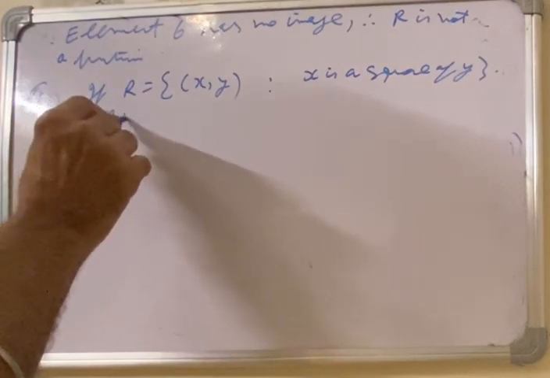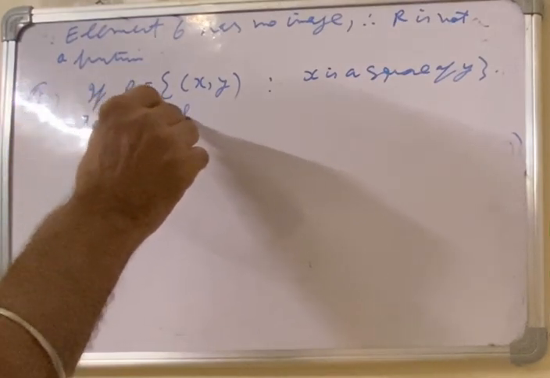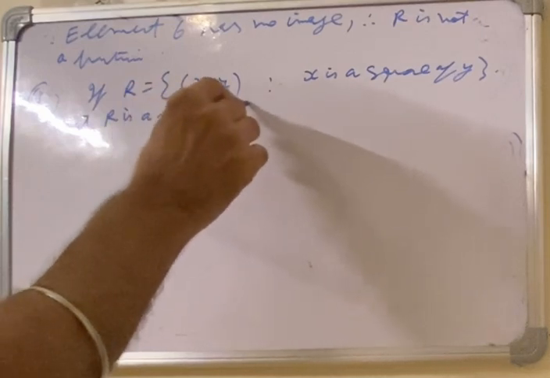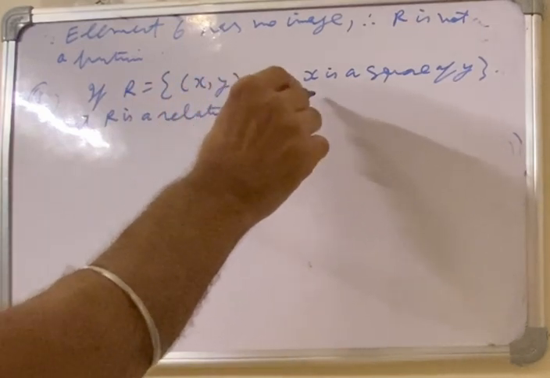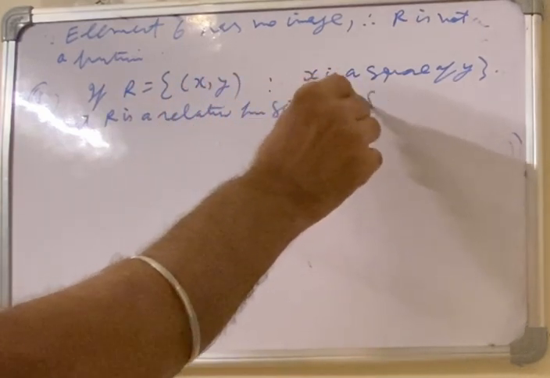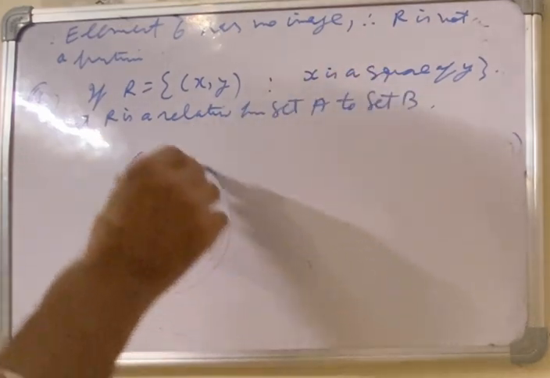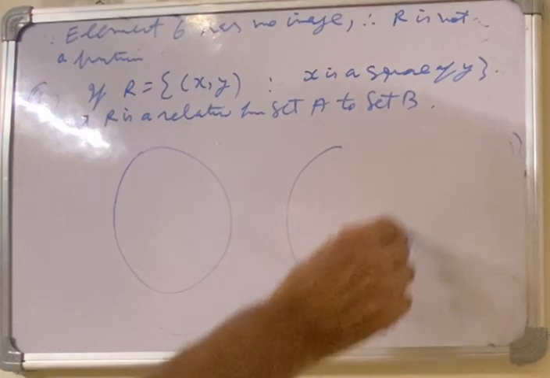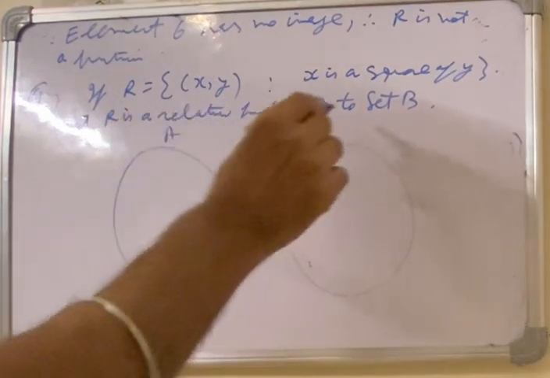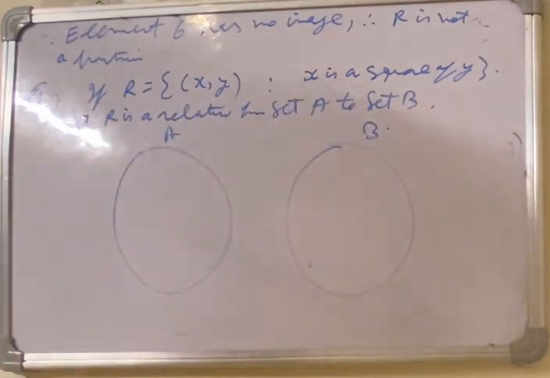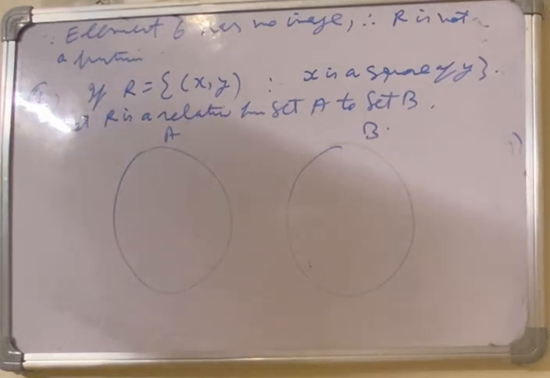Let R be a relation from set A to set B. We denote this again. This is A, this is B. X is a square of y.